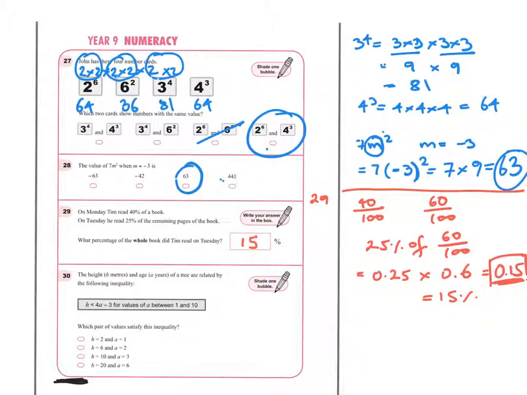I was looking at this question and thinking, did they mean the total of Monday and Tuesday? But I believe what they want is just Tuesday. That's why I stopped here for a second, just to make sure what they're actually asking. So just be careful, read the question carefully.